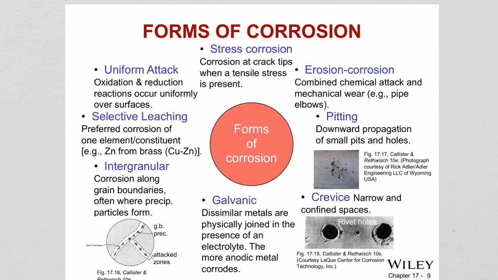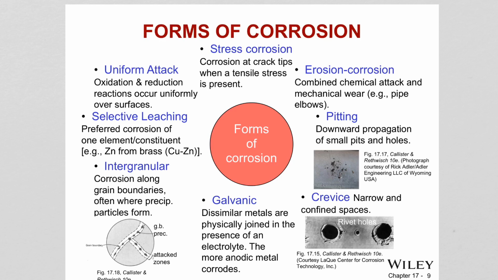And we can now look at the forms of corrosion. Okay, so uniform attack. It is a form of electrochemical corrosion that occurs uniformly over the entire exposed surface.